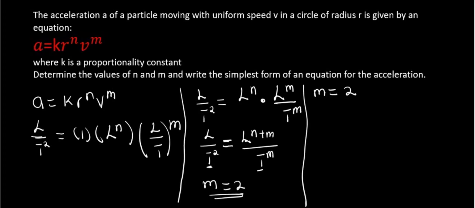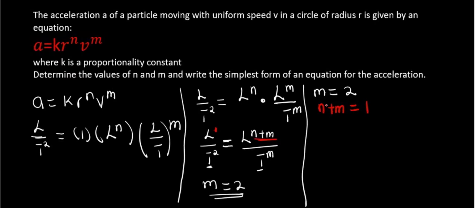How do we find the value of n? On the numerators, you have L equal to L to the power n plus m. So we can equate the powers here: n plus m is equal to 1. Why are we doing that? Because the bases are the same, so we can equate the powers, n plus m, to 1.